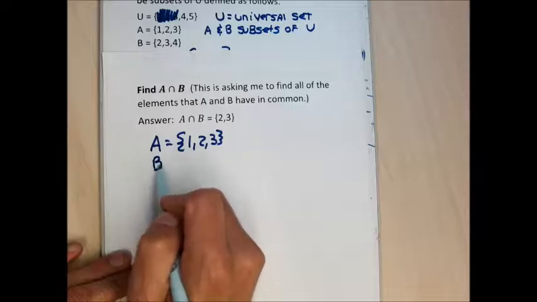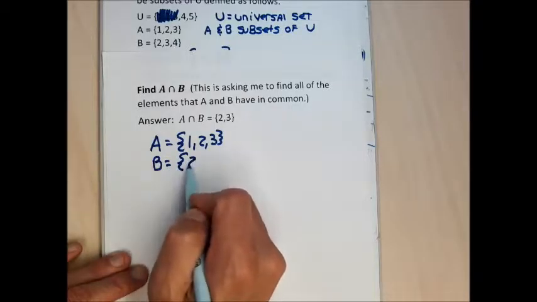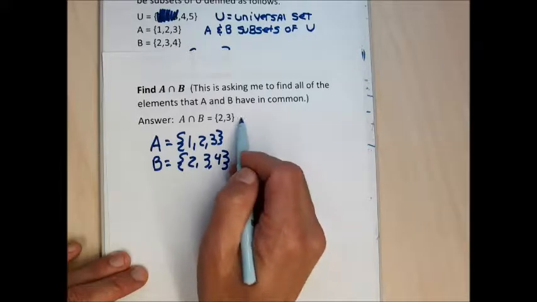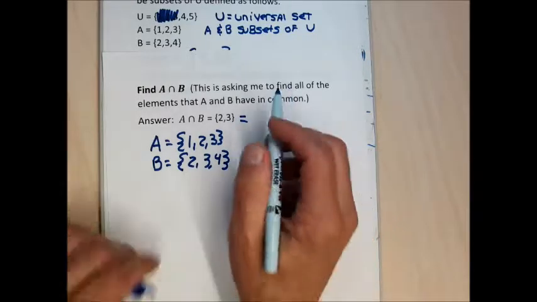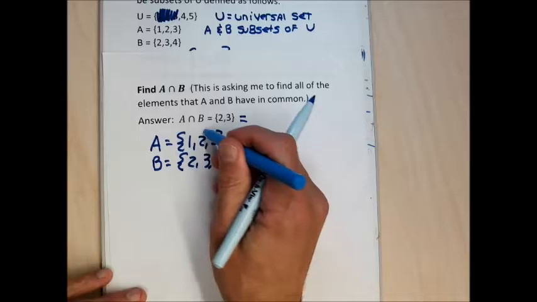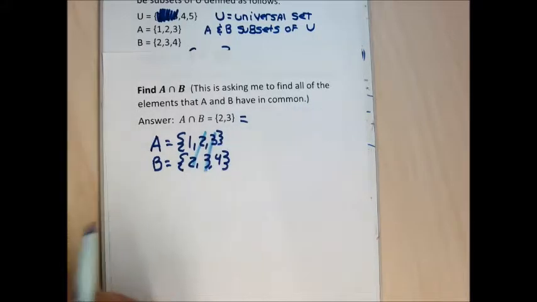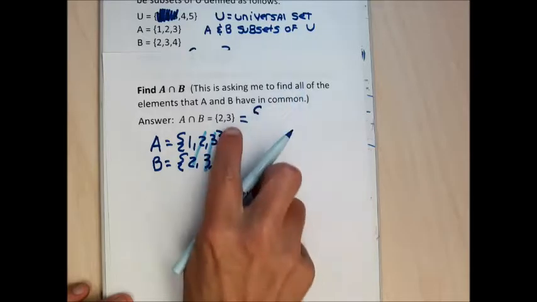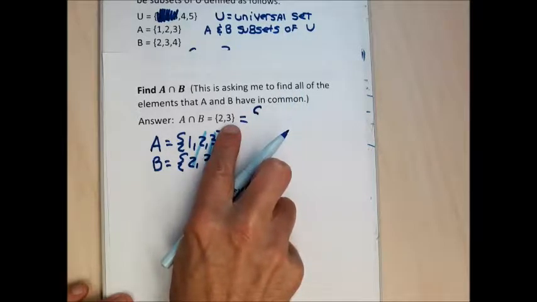Set B has the numbers 2, 3, and 4. A intersection B is what they have in common, and they both have a 2, they both have a 3. A intersection B is going to be the set that contains what they have in common, which is 2 and 3. And I wrote the answer down already.